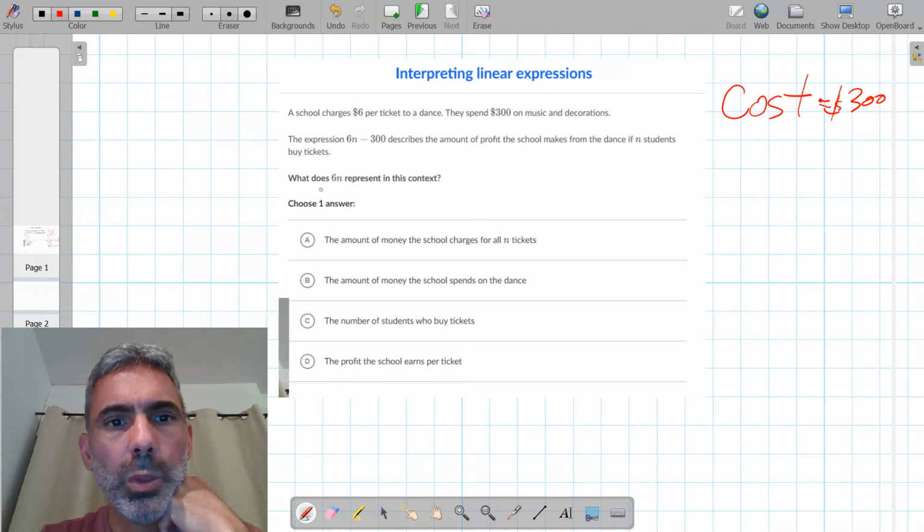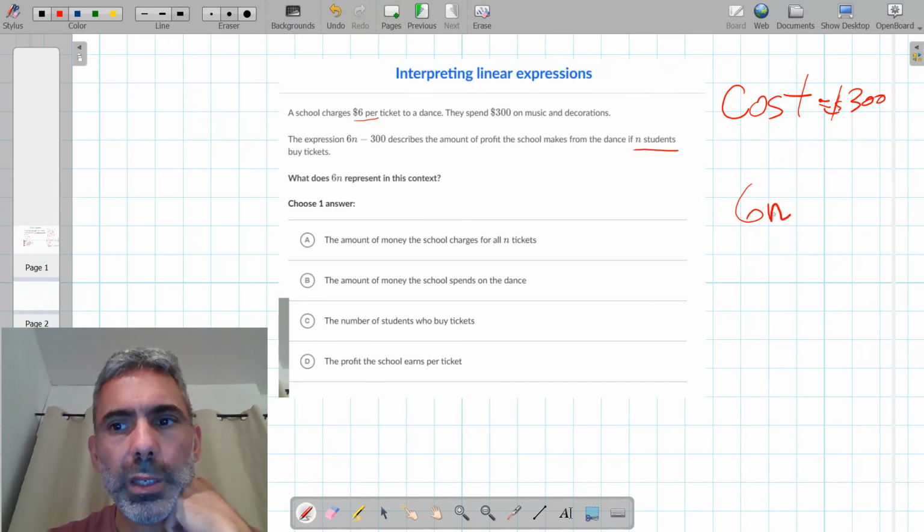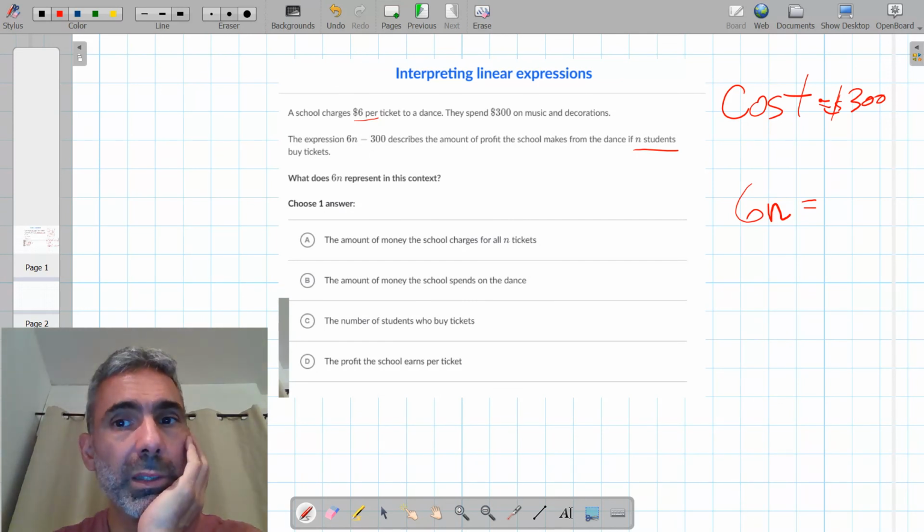Okay. What does 6n represent in this context? So 6 is the price per ticket, and n is the number of students who purchase tickets. So 6 times the number of students that purchase tickets is the revenue, the amount of money they make from selling tickets before they subtract the cost of production.